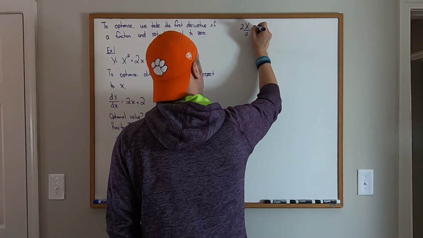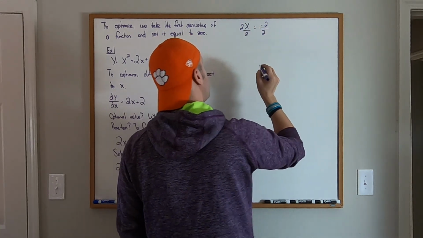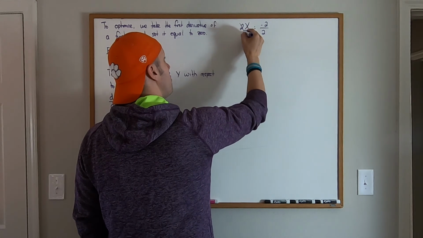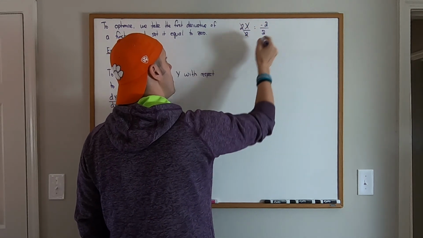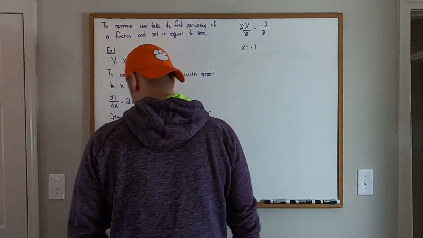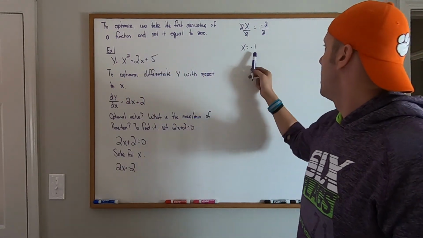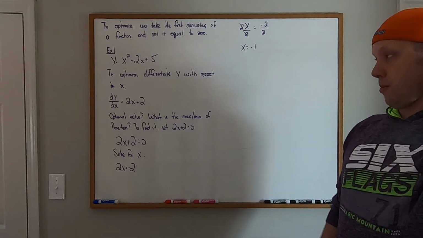So 2x divided by 2 is equal to negative 2 divided by 2. So x is equal to negative 1. When I optimize this function, I see that x is equal to negative 1.